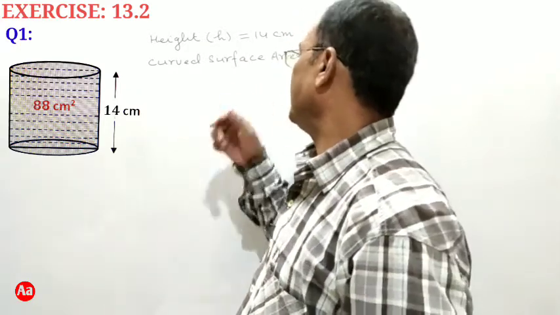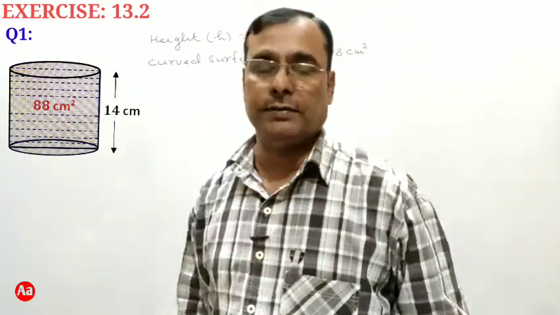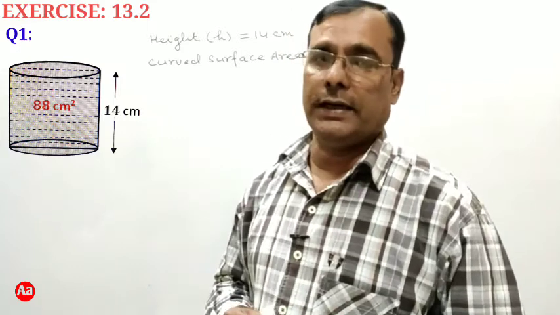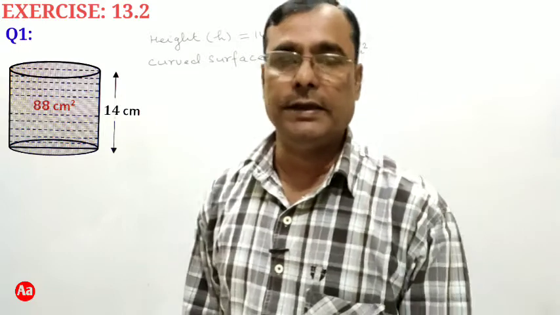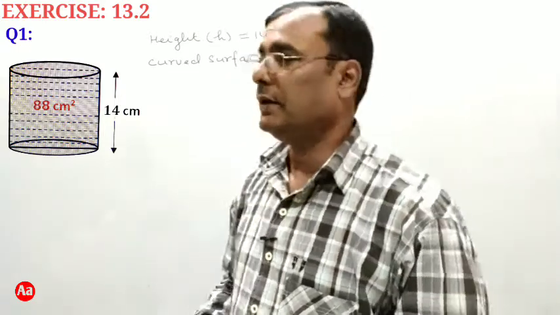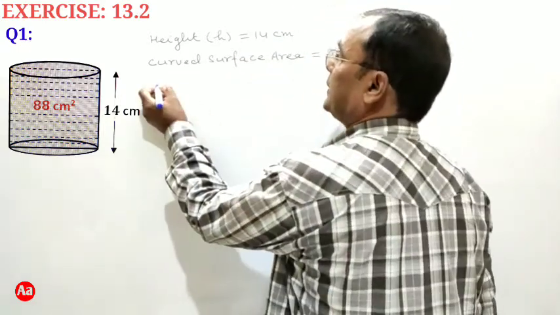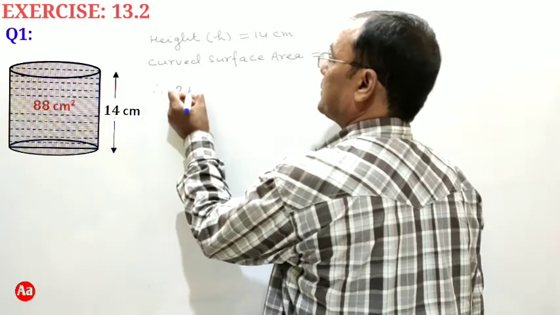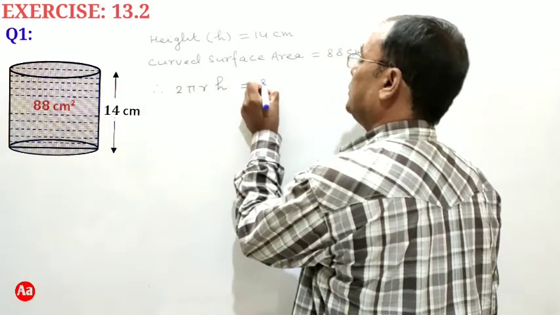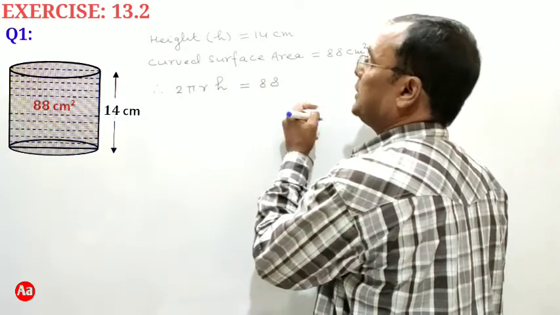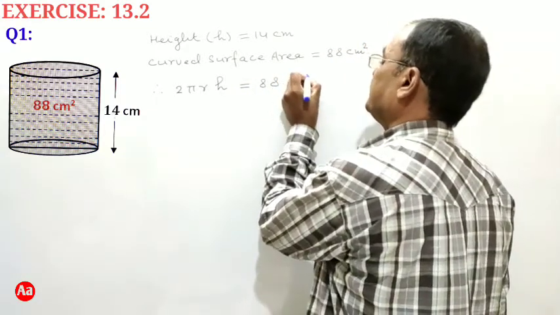Curved surface area of a right circular cylinder formula is 2 pi rh, and curved surface area of the cylinder is already given 88 centimeter square. So therefore we can write 2 pi rh is equal to 88 centimeter square.